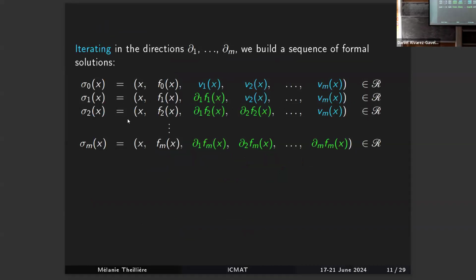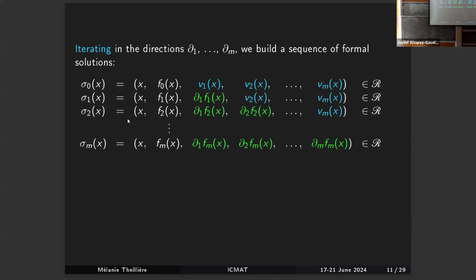So the idea of convex integration, in fact, is to iterate this in the directions d_1 to d_m to build a sequence of formal solutions. At the beginning, we have a formal solution with no partial derivative. We start to do a corrugation in direction 1, so we win one partial derivative. After that we have two, and we continue to replace all the vector field by partial derivatives.